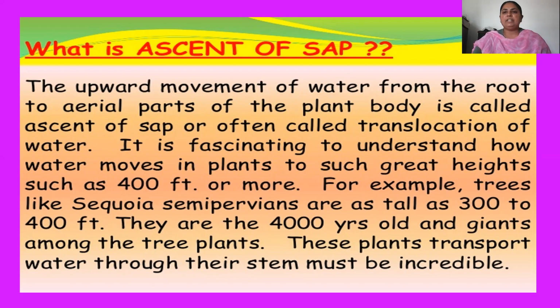And in this way, this water and minerals are later distributed to the various parts of the plant, from the roots to stem, leaves, branches, flowers, and fruits. So the process of upward movement of water from the root to various aerial parts of the plant body is known as ascent of sap.